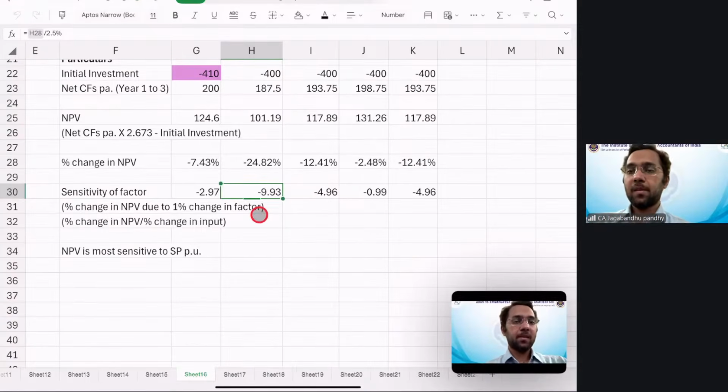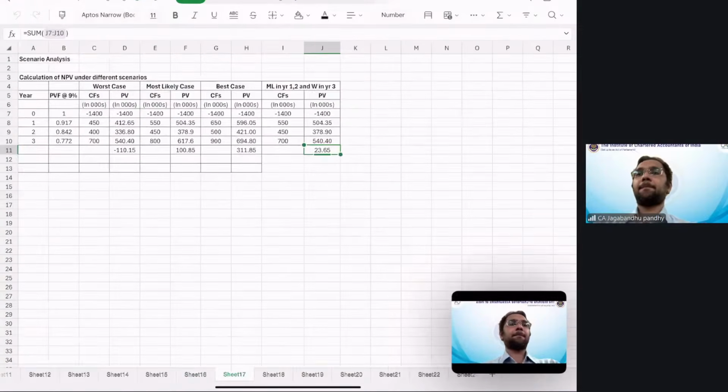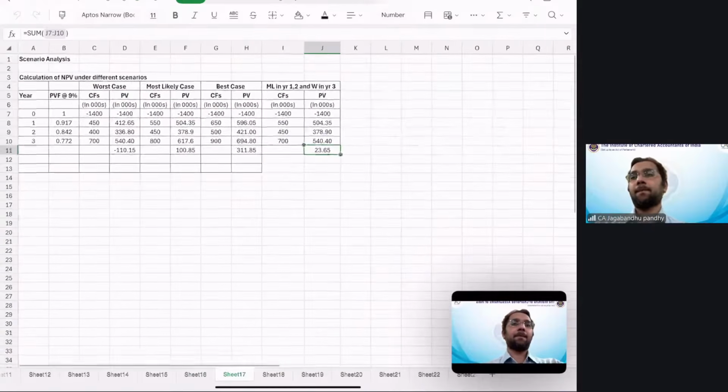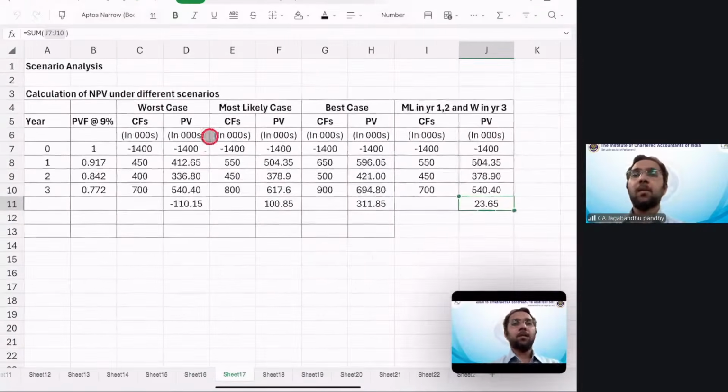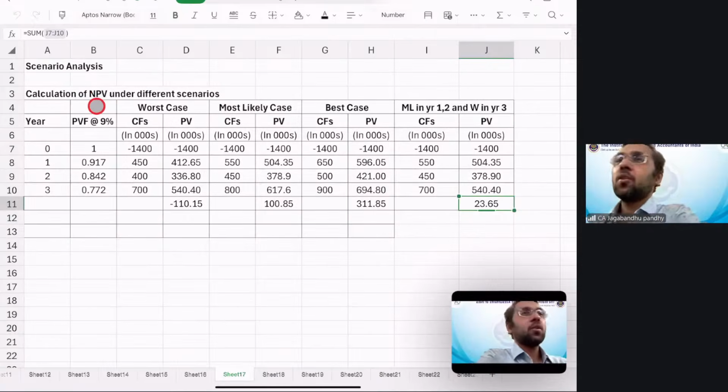Then scenario analysis. This is again another type of sensitivity analysis technique, in which we're not looking at changing one of the variables.